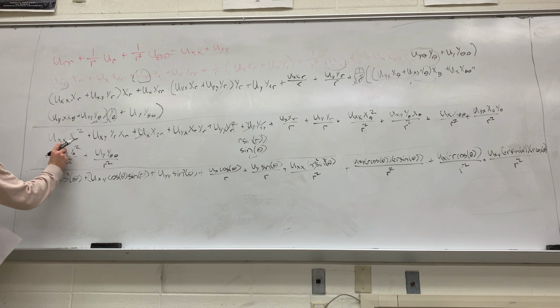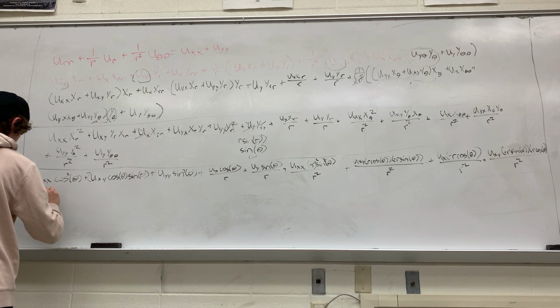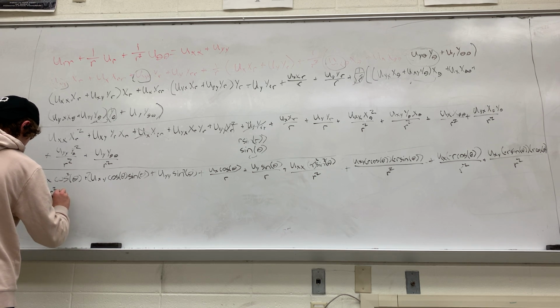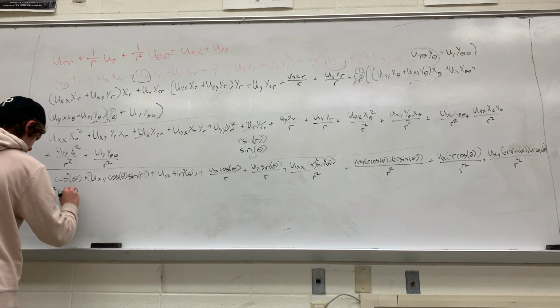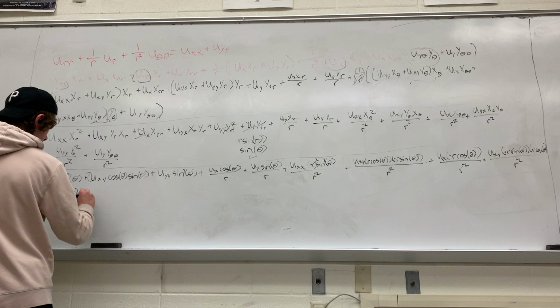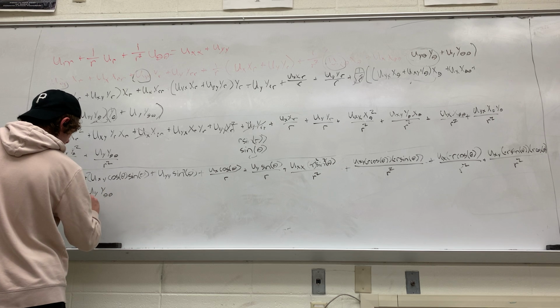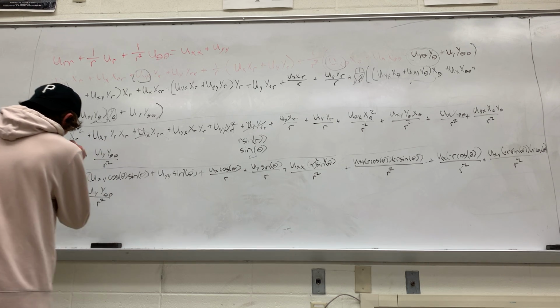So now I'm over here at u, the derivative with respect to y, y times the derivative of y with respect to theta squared, which will be equal to plus u yy times, so this will be r squared cosine of theta squared over r squared plus u y theta theta over r squared.